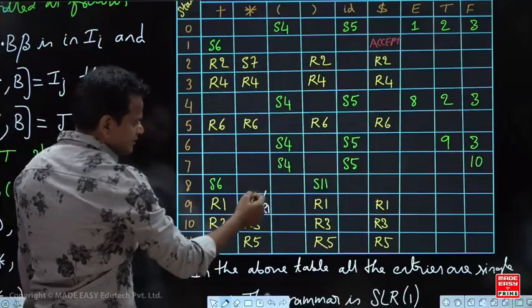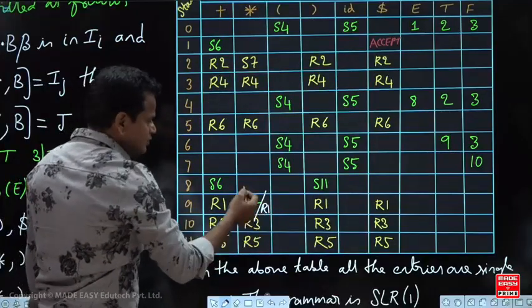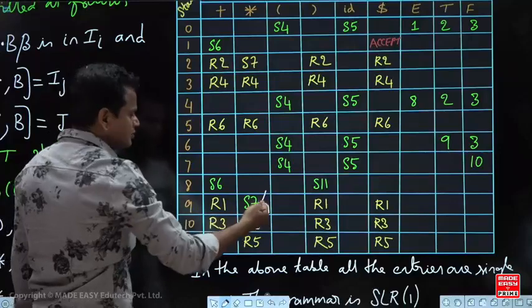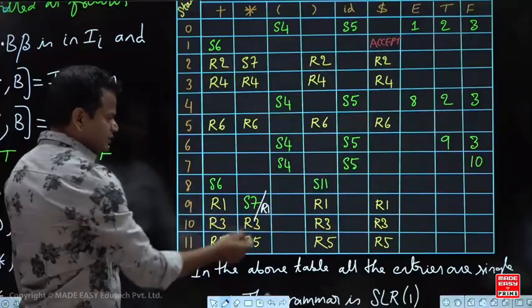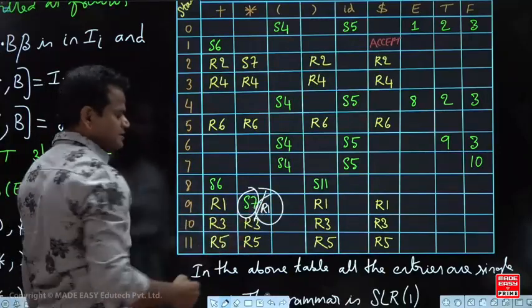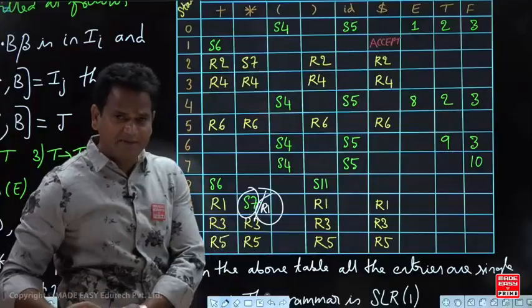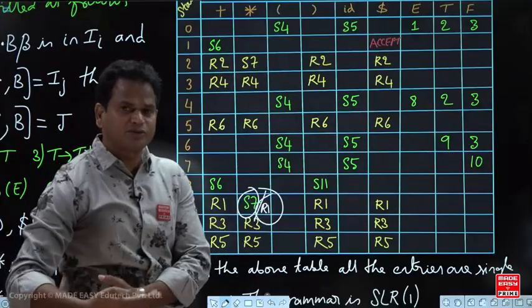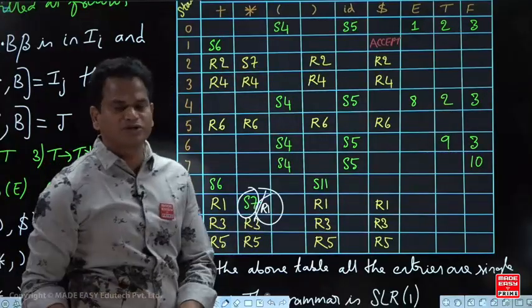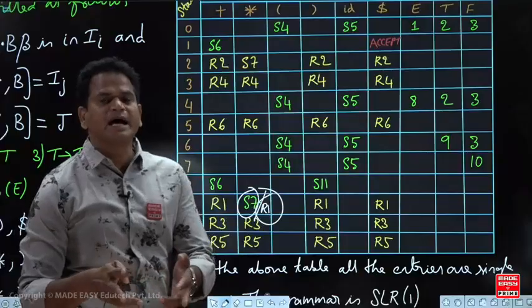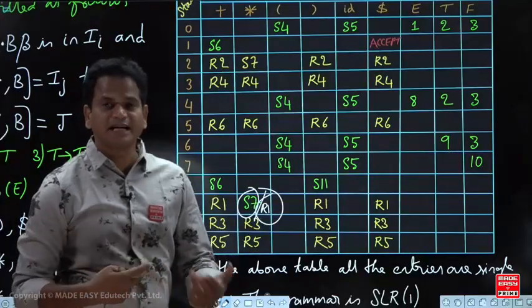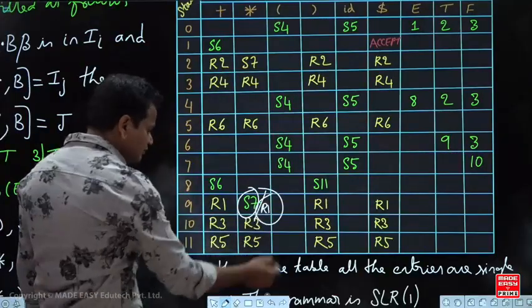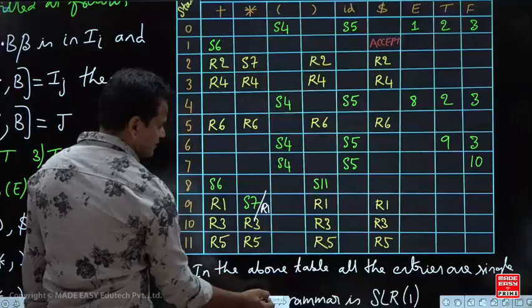The parsing table will tell you to shift 7 or to reduce. So there is ambiguity. The parser cannot decide which action to perform.